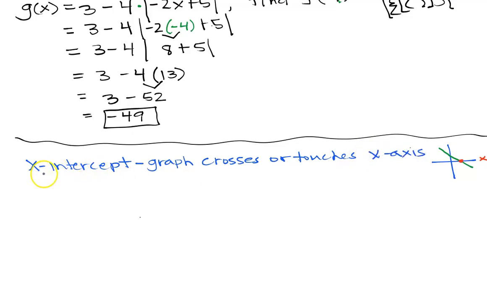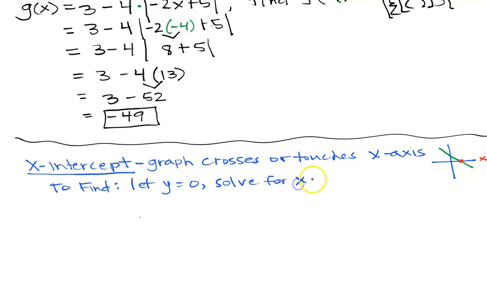And so to find x-intercepts, all right, we need to let y equal 0 and solve for x. Okay, so let's think about this point right here.